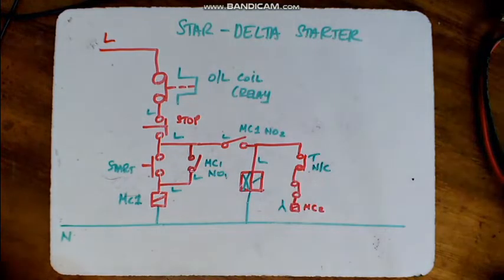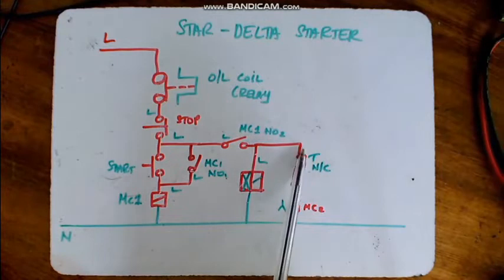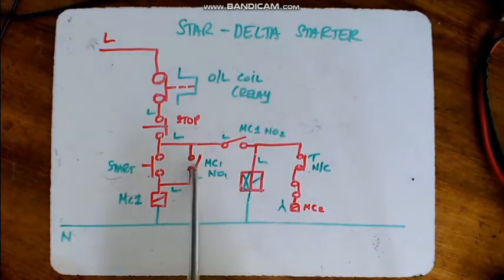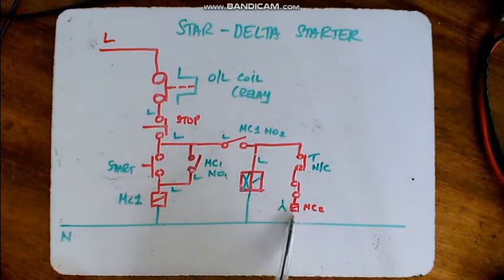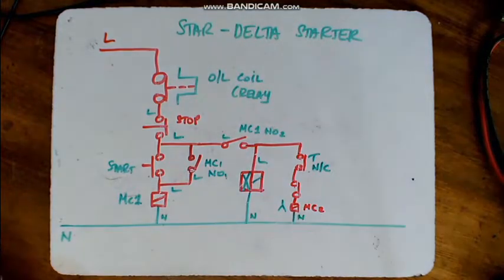And this is our contactor that will be automatically switched on. As soon as this closes, that will close and this will come on, and this contactor will automatically be switched on.